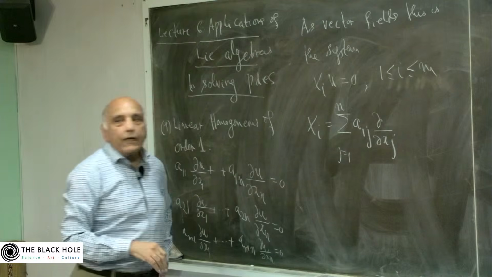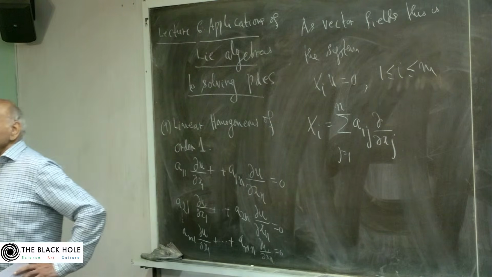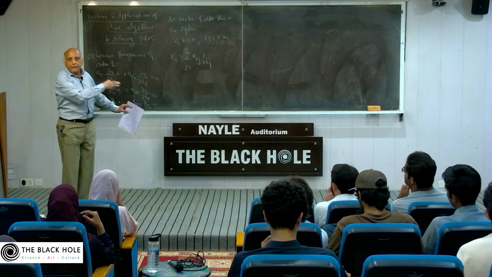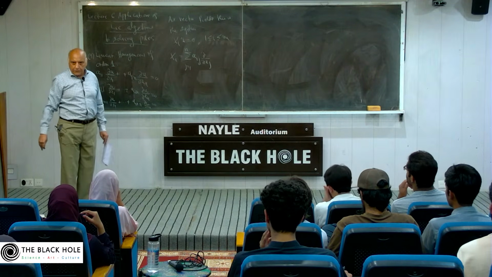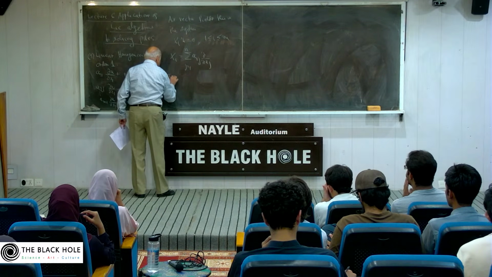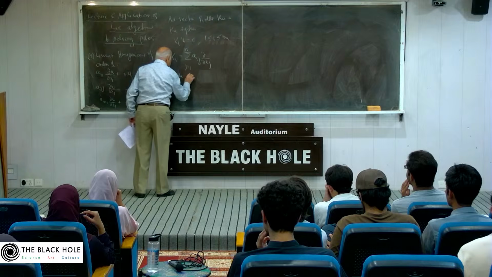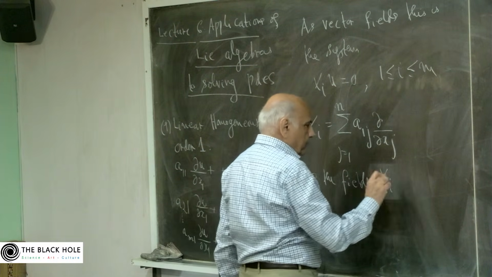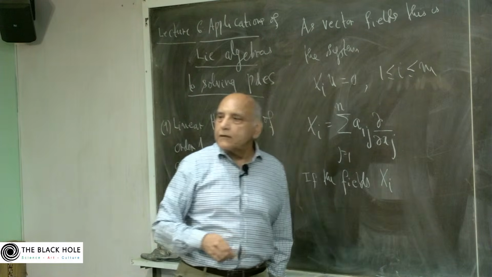Okay. And I told you last time that if at some value, let's suppose that these commute. If the fields Xi commute, what does commute mean?